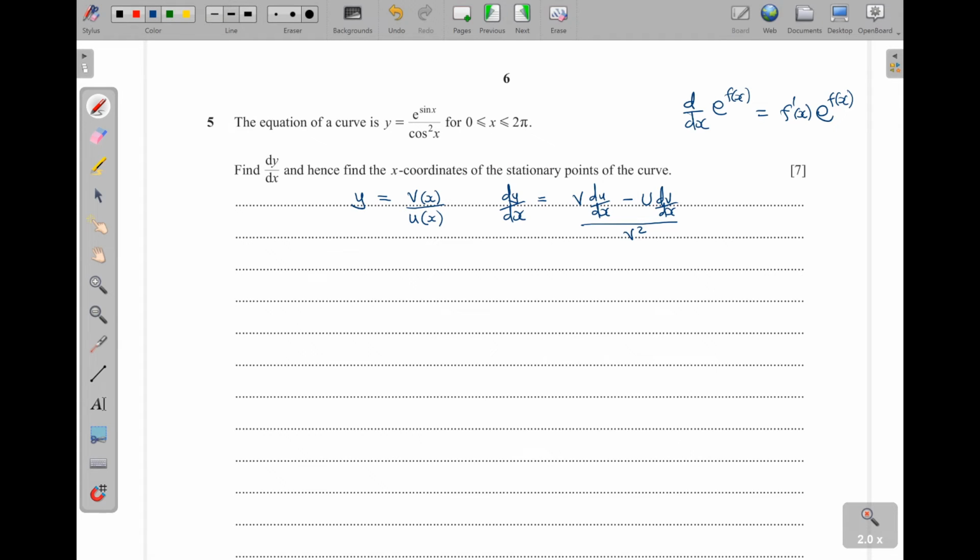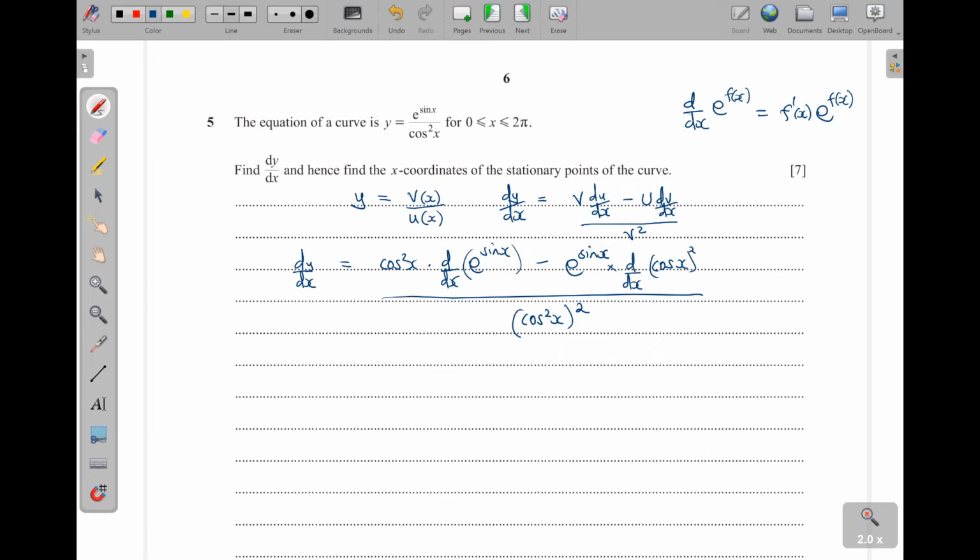So our dy/dx is going to be equal to cos squared x times the derivative of e to the power of sine x, minus e to the power of sine x times the derivative of cos squared x. I'm just going to write the denominator as cos of x, then squared. It is the same thing, and then we divide by cos squared of x squared.